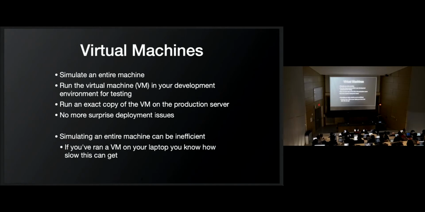So we don't actually run it on our dev hardware. We don't actually run anything on our prod hardware. We run a virtual machine in either of them and run the same exact virtual machine. And it eliminates so many headaches and so many problems. It all but gets rid of that it worked on my laptop issue. If you're testing in your virtual environment, it's the same exact environment as production.